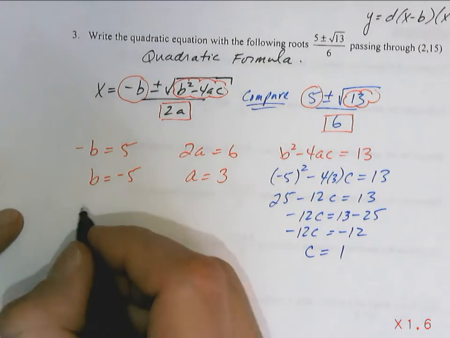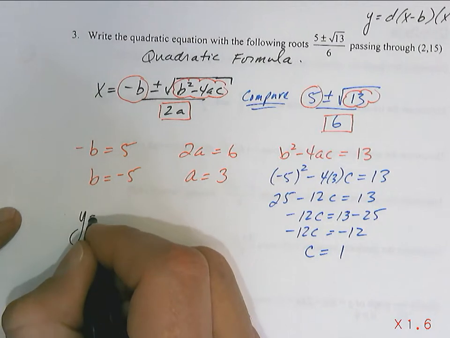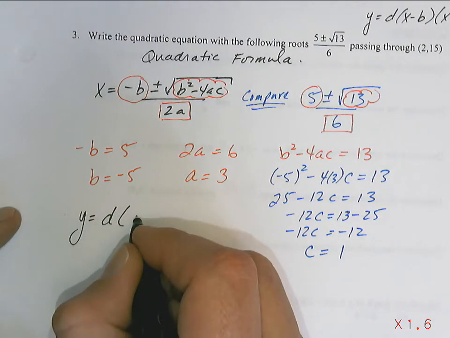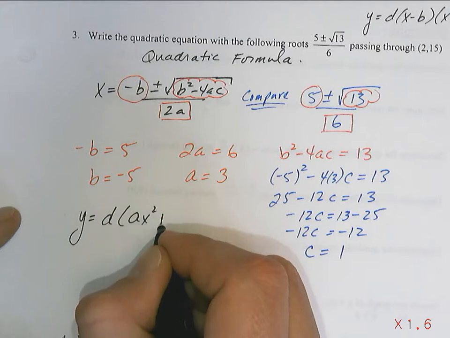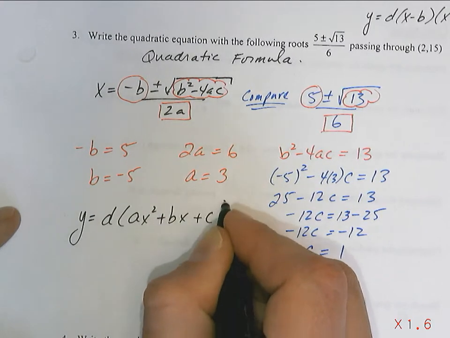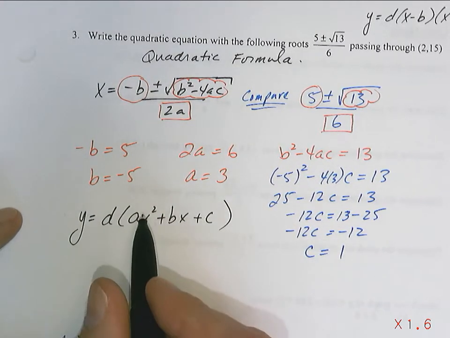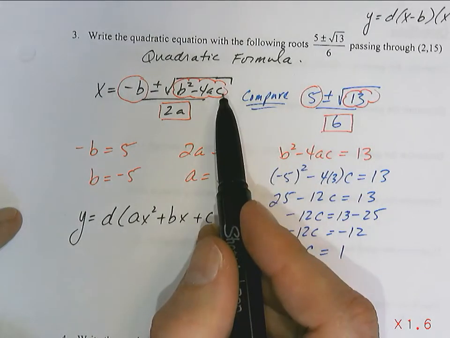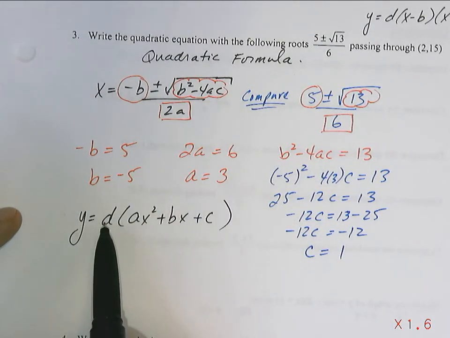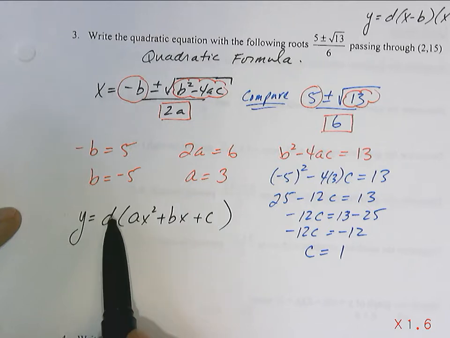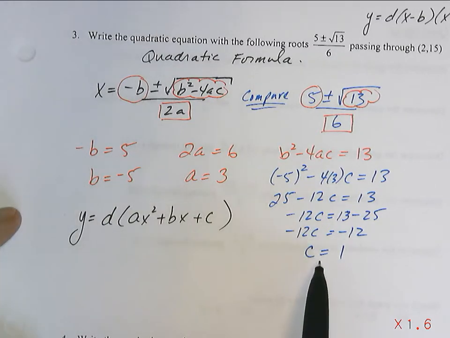So the quadratic looks like this. That's the family of curves that came from the quadratic formula, right? The d allows it to get larger and smaller and all those good things. This is what I'm going to be able to plug in.